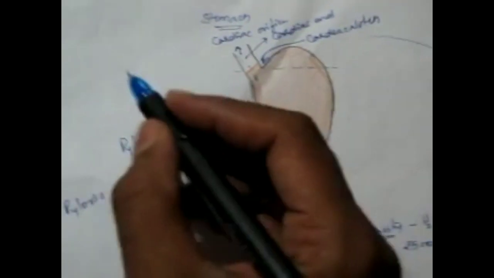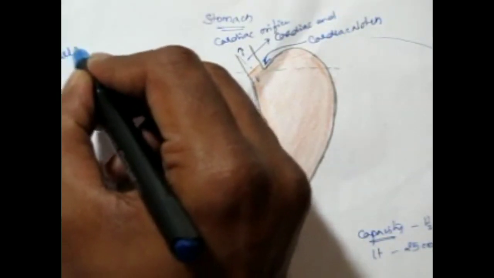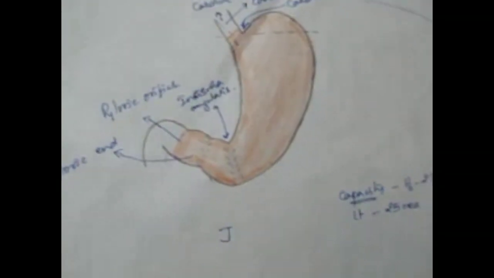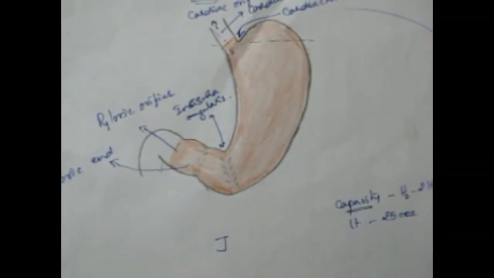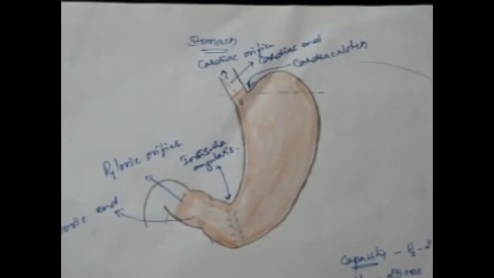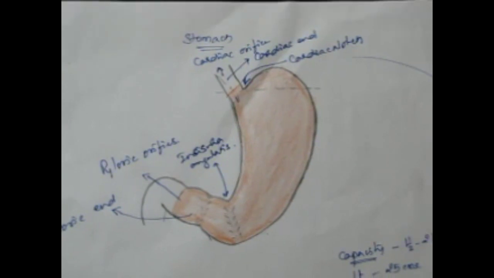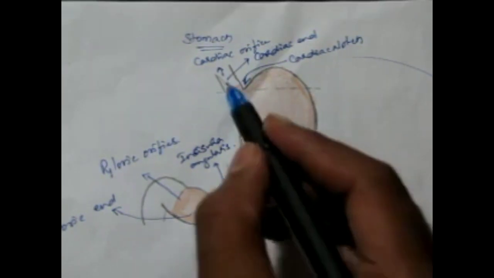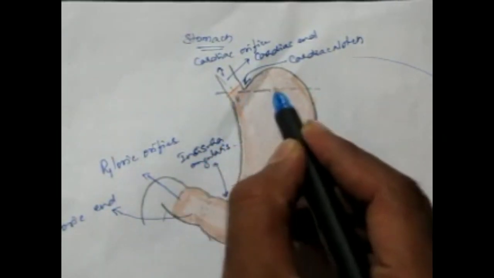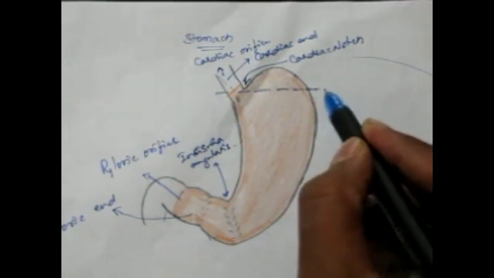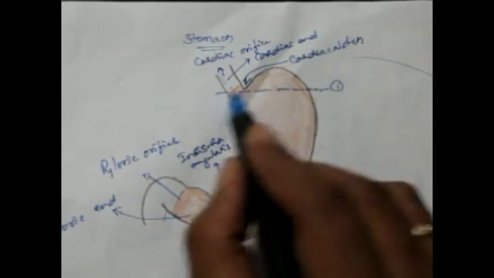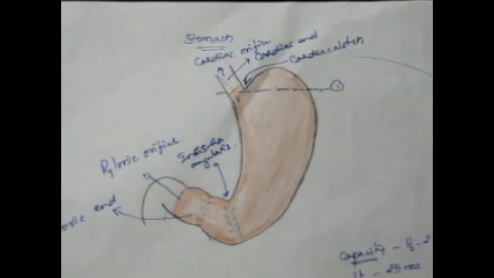Parts of the stomach. Before coming to the parts of the stomach, we will see three imaginary planes on which the parts of the stomach can be divided easily. The first imaginary plane is at the level of the cardiac notch.